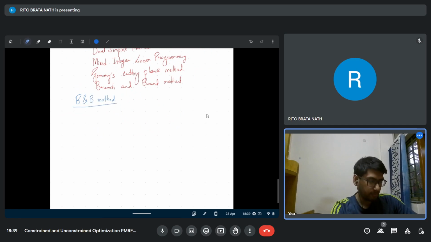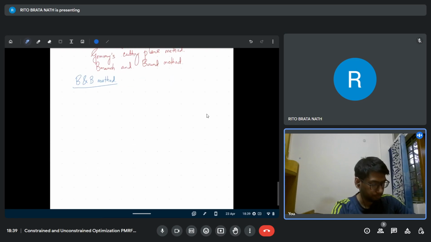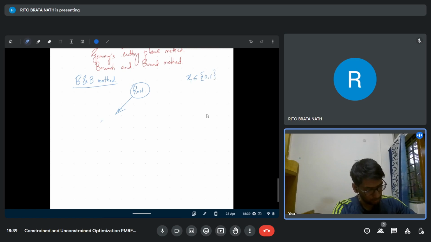Now you have this as an integer variable. So what you typically do in the branch and bound method, suppose this is your root node, and then you fix variables. Suppose x1 belongs to {0, 1}. You will take the left branch, solving for this, and the right branch, solving for this, right?